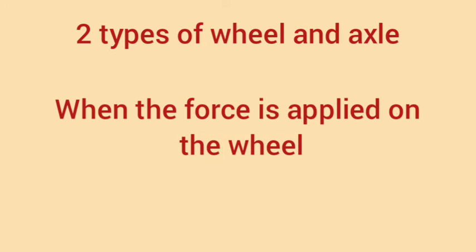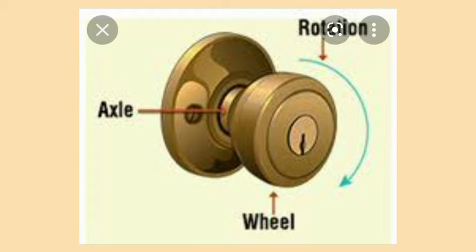There are two types of wheel and axle. The first one is when the force is applied on the wheel. In this type, we apply force or effort on the wheel and turn the wheel so that it helps to rotate the axle.